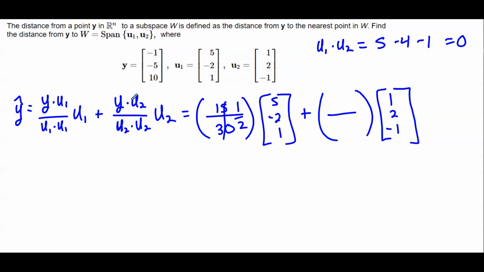And let's do U2, y dot U2 is -1, -10, and another -10. So that's -21. And then U2 dotted with itself, 1, 4, 1, so that's 6. So we could divide both of these by 3 and get -7 halves.